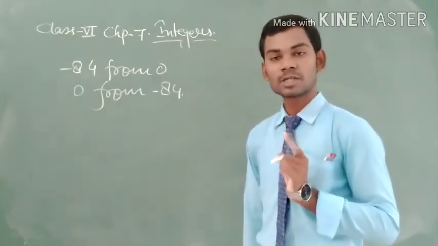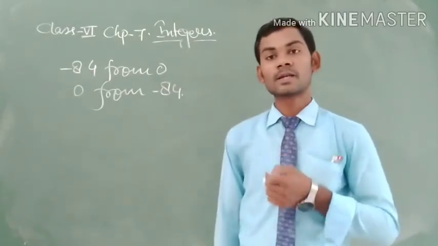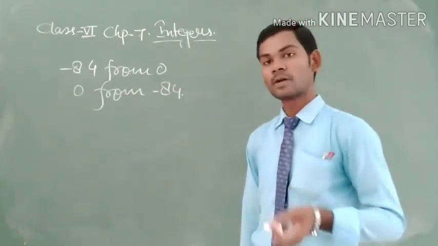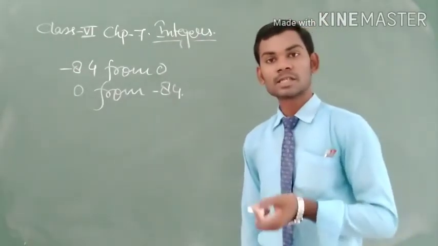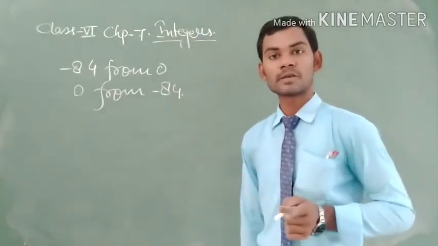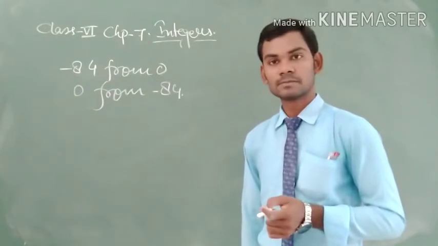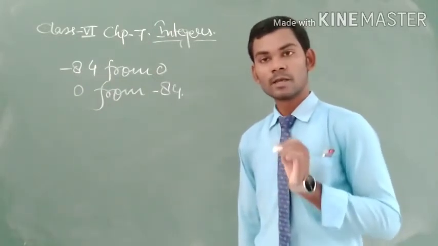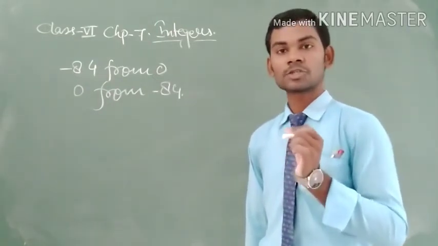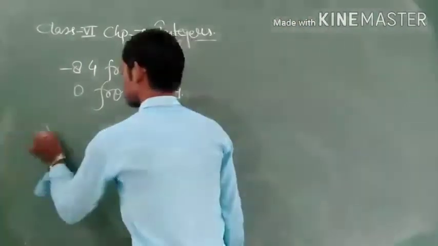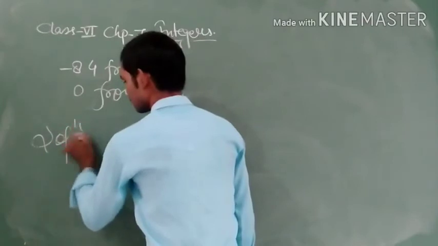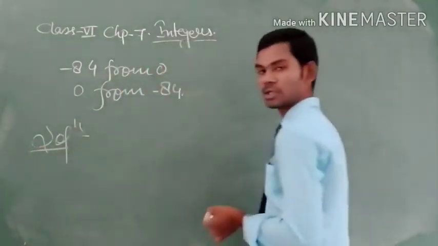In the first question we have to subtract minus 84 from 0, and in the second question we have to subtract 0 from minus 84. Okay, so let's see the solution of the first question.